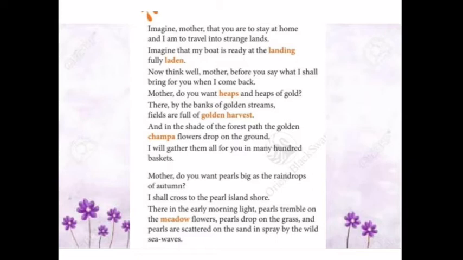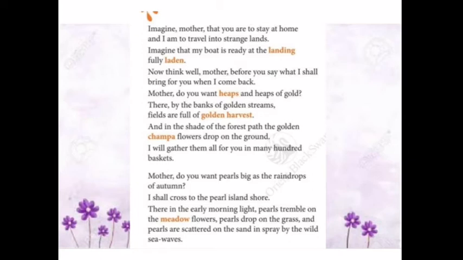Perhaps his mother would want this rich golden harvest. In the next line, the fallen yellow chamba flowers that have carpeted parts of the forest path are golden to behold. The child promised to collect this in hundreds of baskets for his mother.